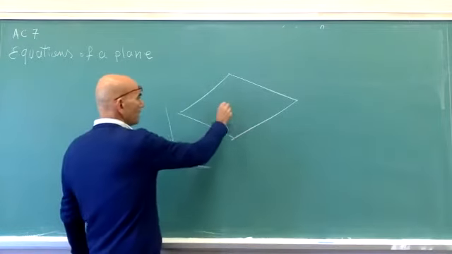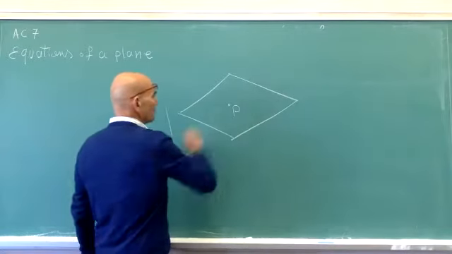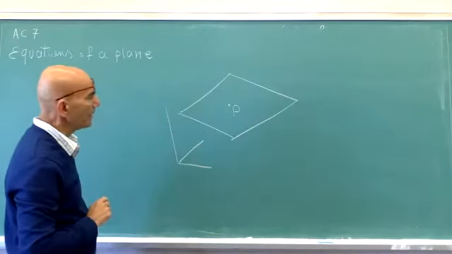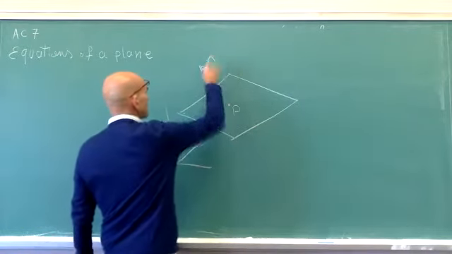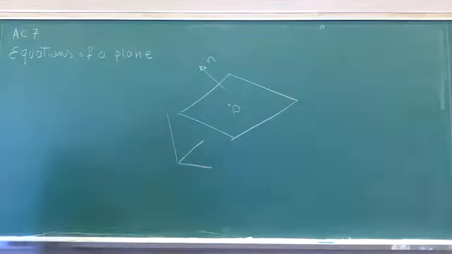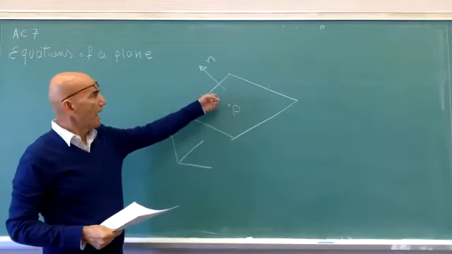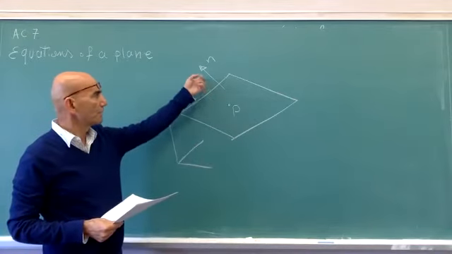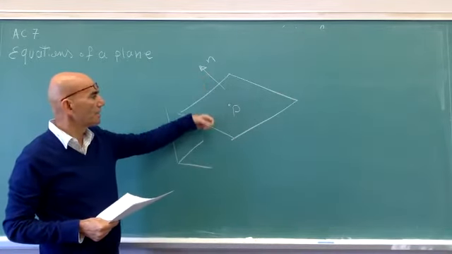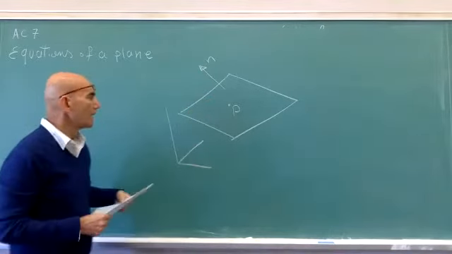This plane is completely known if you know a point P on the plane and a normal vector to the plane. If you know the coordinates of a point P on your plane and the direction of a normal line at least, then the plane is completely specified, right?